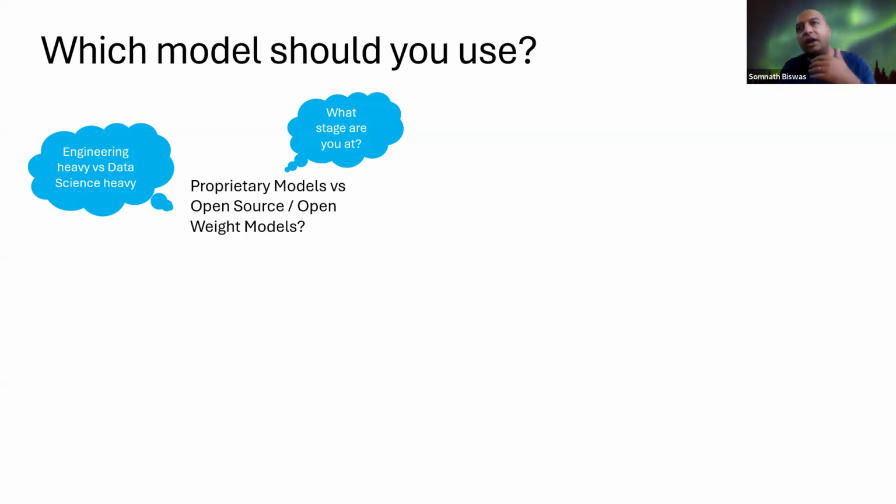It's always easier, always quicker to test for that product market fit. And only once you've got to that point can you bring in the open source models, or fine tune your other models, etc. So it depends upon what stage you're at, the resources that you have, and the nature of the setup that you have.